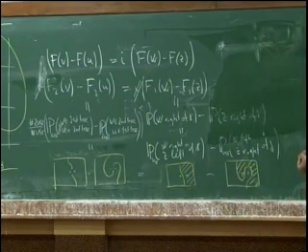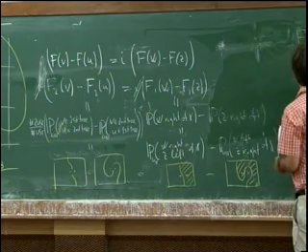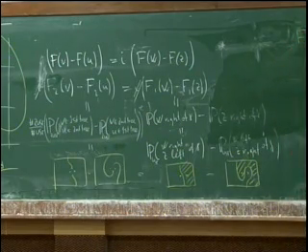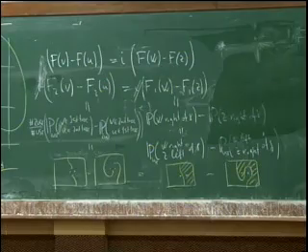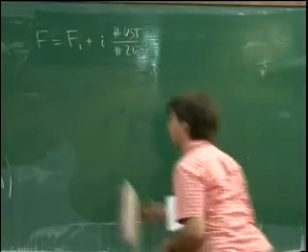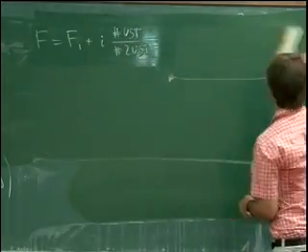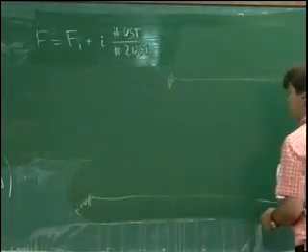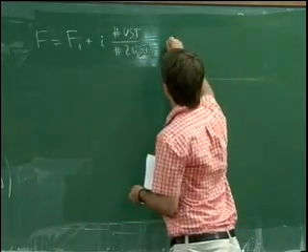So the conclusion is that our function f, which is f1 plus some constant, this number of trees over number of trees, so the conclusion was that this function is holomorphic.